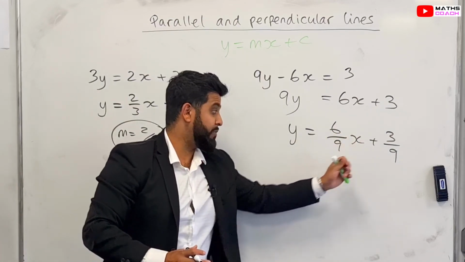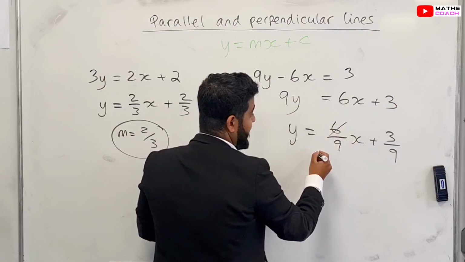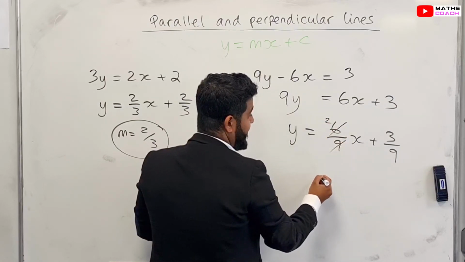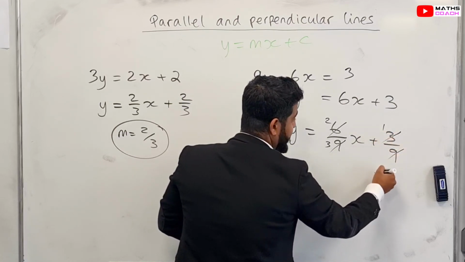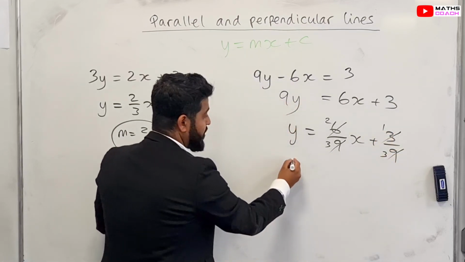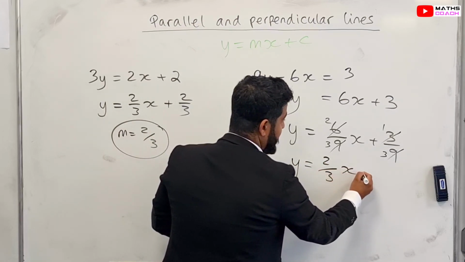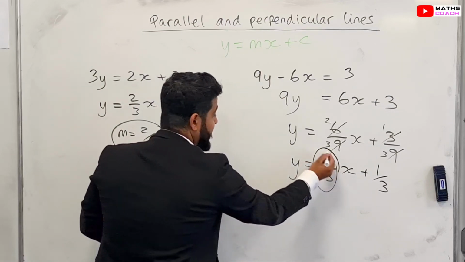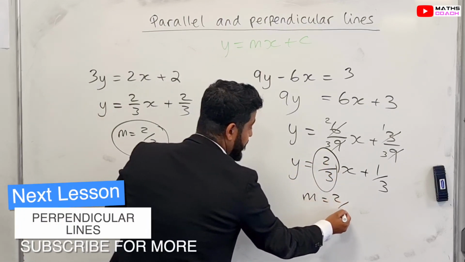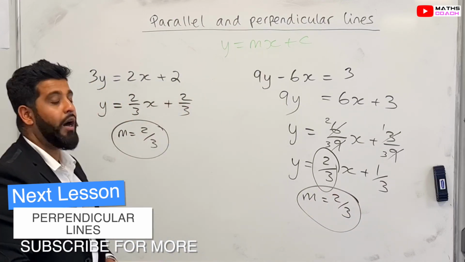In fact, you need to simplify both of them. So what can you do? You divide by 3. If you divide this by 3, you get 2. You divide this by 3, you get 3. And you divide this by 3, you get 1. You divide this by 3, you get 3. So the final equation simplified is y is equal to 2 over 3x plus 1 over 3. And you can see that the gradient of this one is also 2 over 3. So therefore, these two lines are parallel.